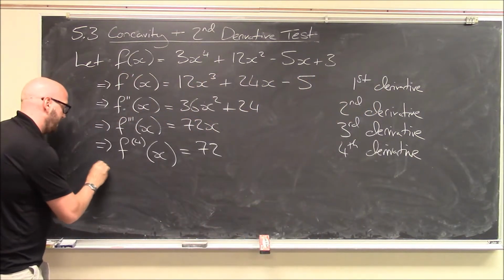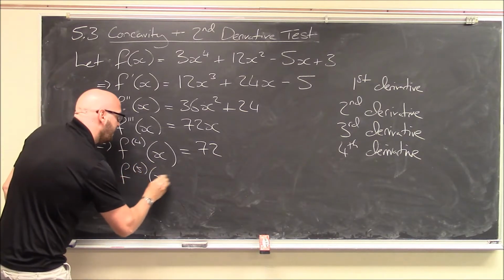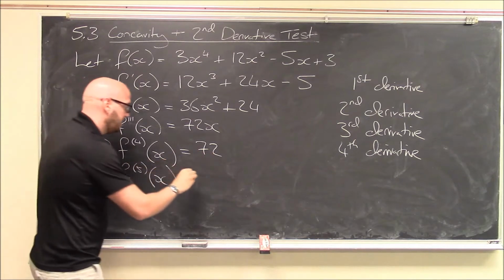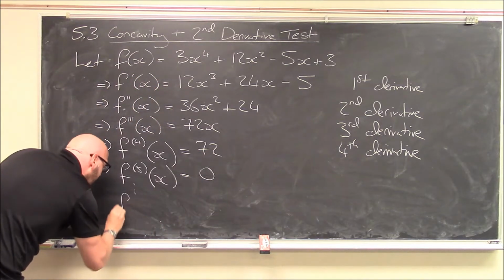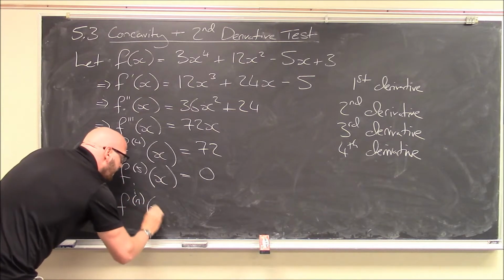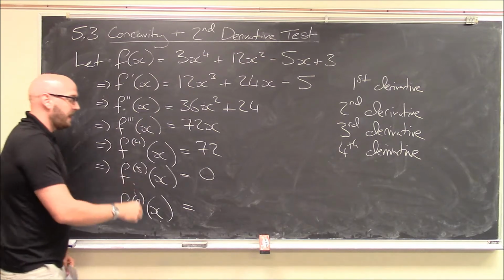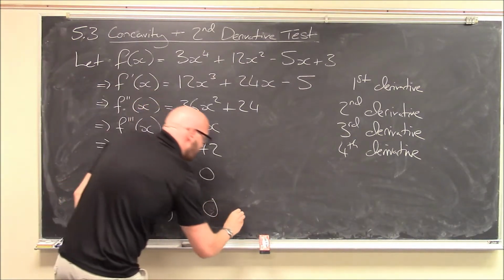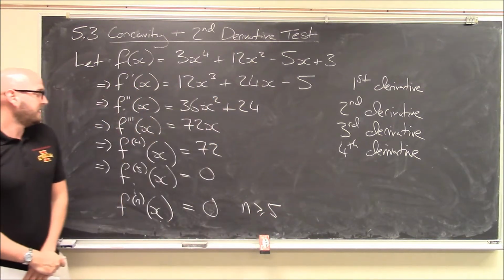And you can see what's going to happen from here on out, right? If I take the fifth derivative, derivative of 72 would just be 0. And in general, the nth derivative, where n is at least as big as 5, is always 0, right? So this is for n bigger than or equal to 5.